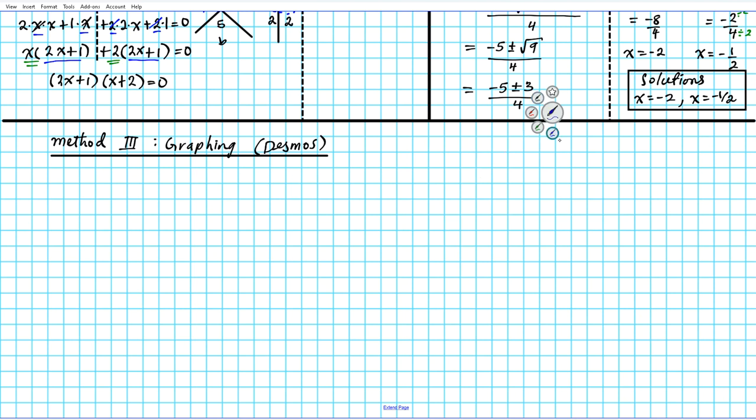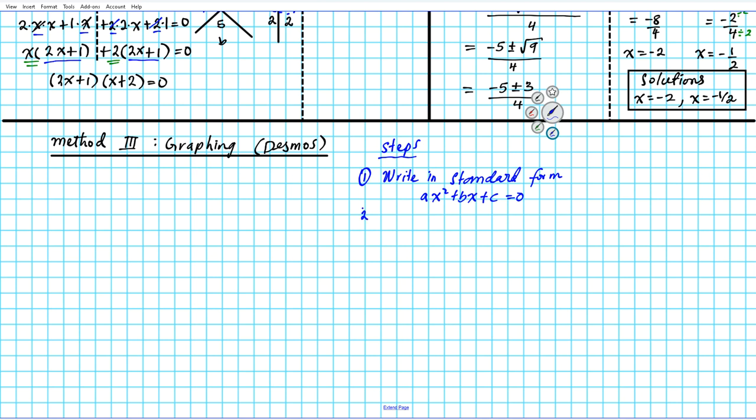The steps are as follows. What you do first, just like the other ones, is write in standard form: ax squared plus bx plus c equal to 0.